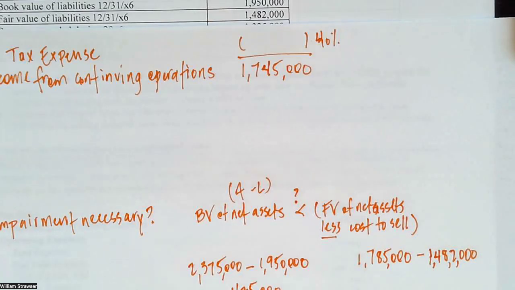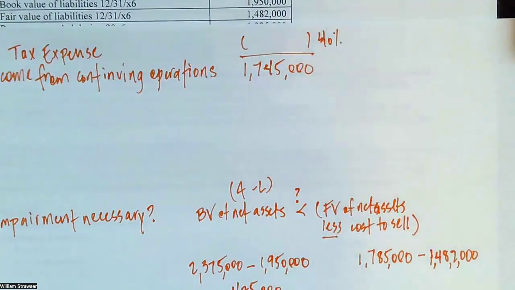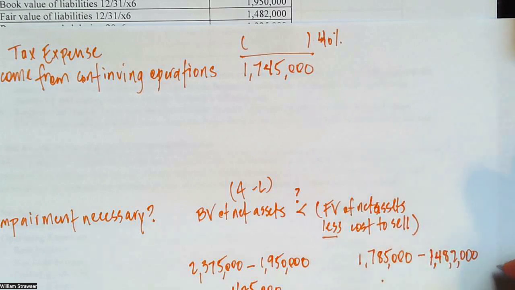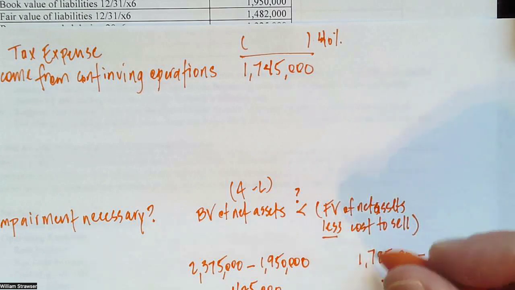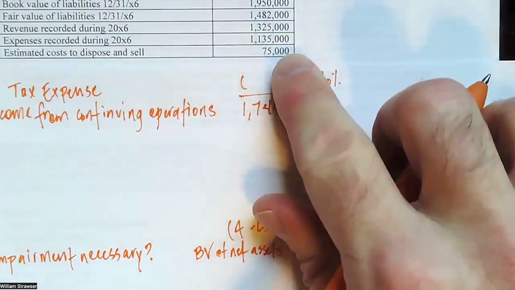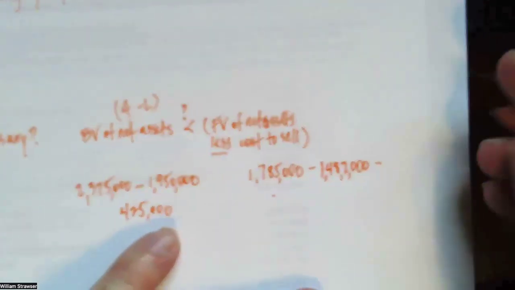So the difference between 1,785,000 and 1,482,000 is 303,000, but we also need to subtract off the cost to sell. So we take that and then we also bring in those costs to sell, $75,000.